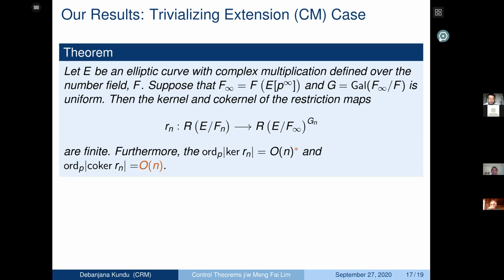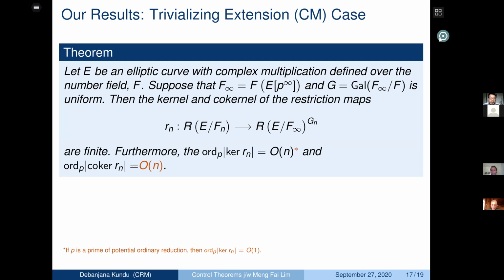So our previous results should tell us that the co-kernel is a big O of p to the 2 minus 1, that's just 1 times n. But because we have more information on what this extension is like, we can actually give a better bound in this case. So there's a question in the chat.